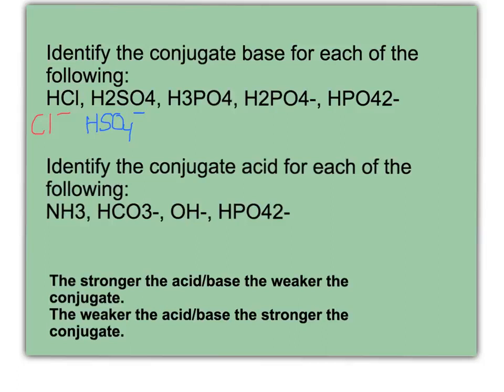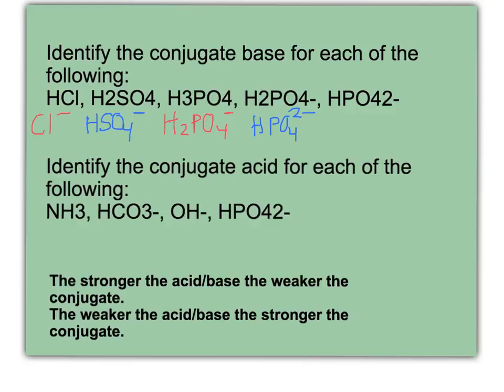Next one, H3PO4. So you remove one H plus. That means you'd be left with H2PO4 and then again a negative. Let's look at the next one, HPO4 minus. You're going to remove one H plus, so you'd be left with HPO4, and then you were a negative 1 charge, you removed a positive, so now it would be 2 negative.